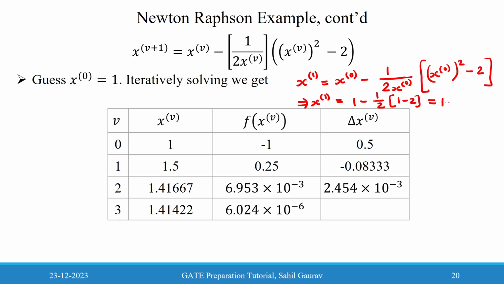So how much is it coming? 1 minus 1 divided by 2, it is minus 1.